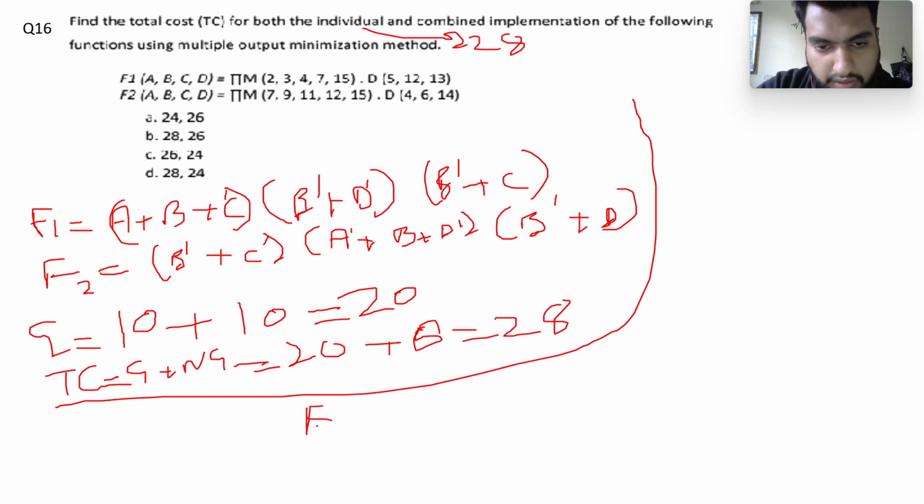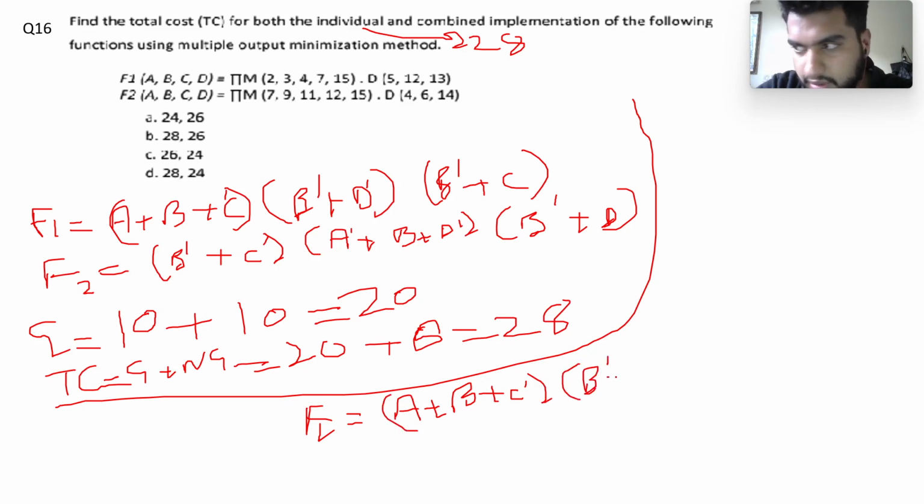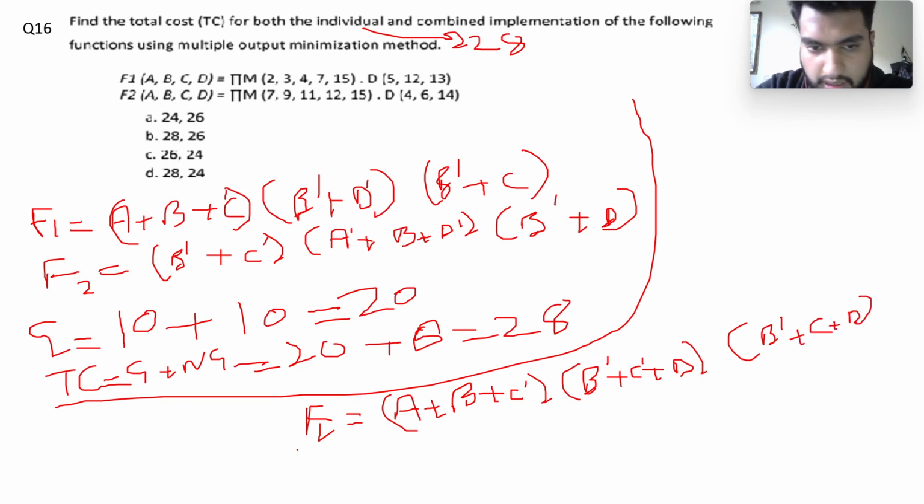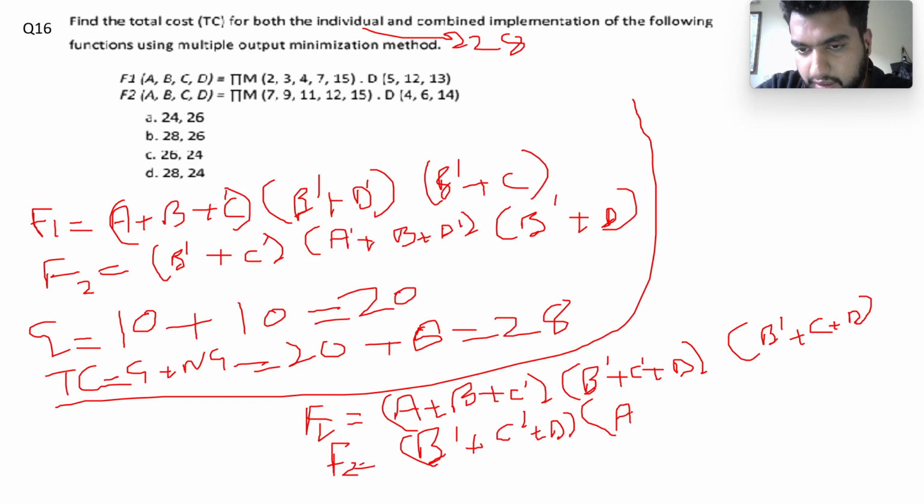So F1 after minimization and having some shared terms, we can write like this: F1 is equal to A plus B plus C complement, then B complement plus C complement plus D, then B complement plus C plus D. And F2 can be written as B complement plus C complement plus D, and we have A complement plus B plus D complement, and we have B complement plus C plus D.